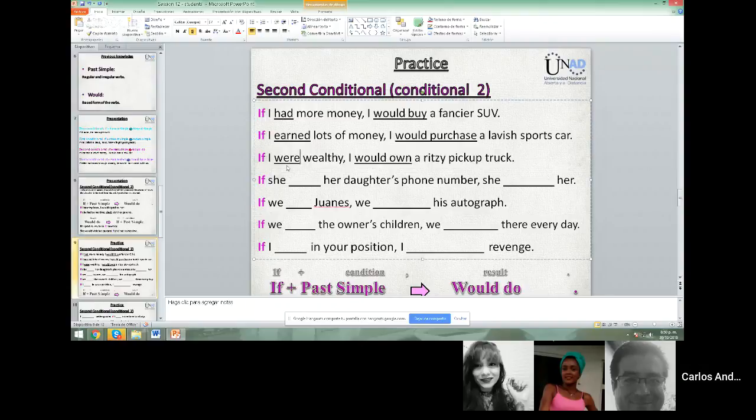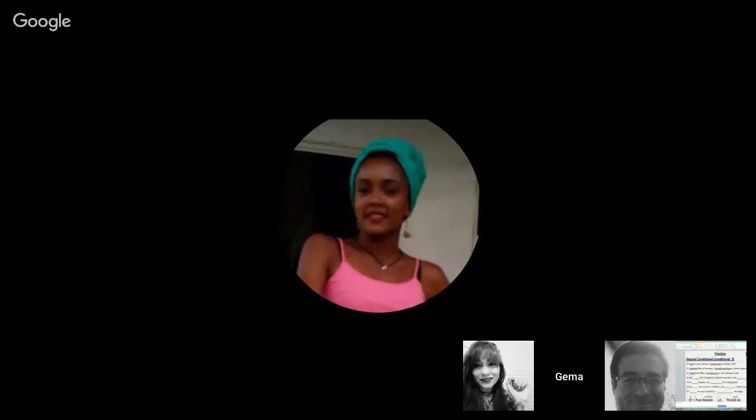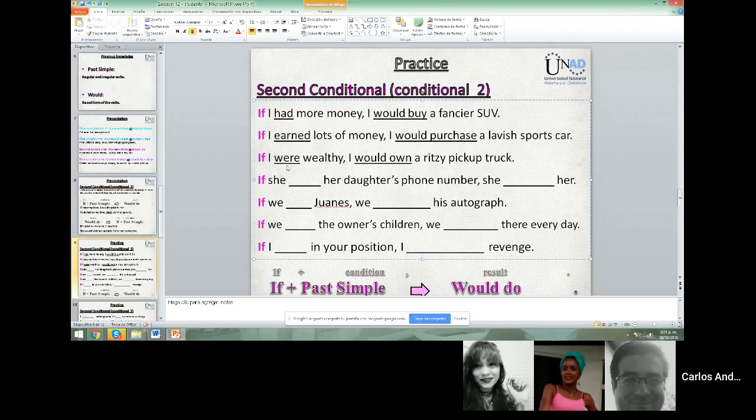In other topics, you are going to use was, but here in second conditional, we are going to use were. Okay? Tutor, Viviana, tell me, you say to use were with all the pronouns.